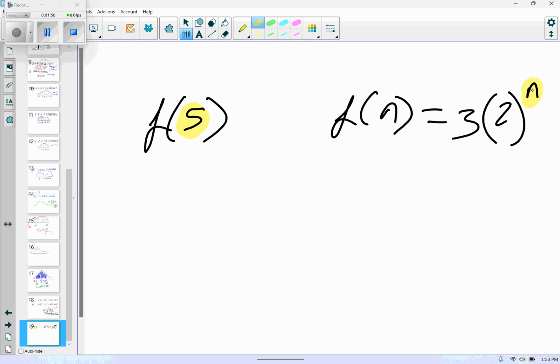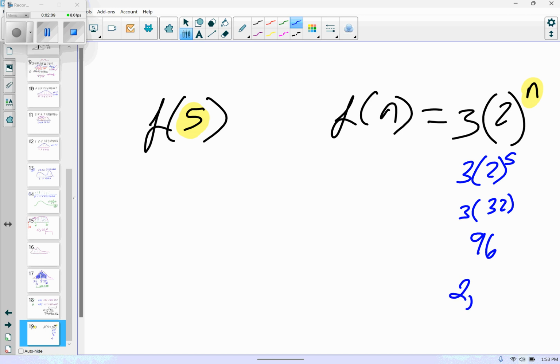So that goes there. Agree? And so if you work it out, you get 3 times 2 raised to the 5th. 2 to the 5th is 2, 4, 8, 16, 32. 32 times 3 is like 96. So that means on a graph, 2 comma 96, based on what the directions say.